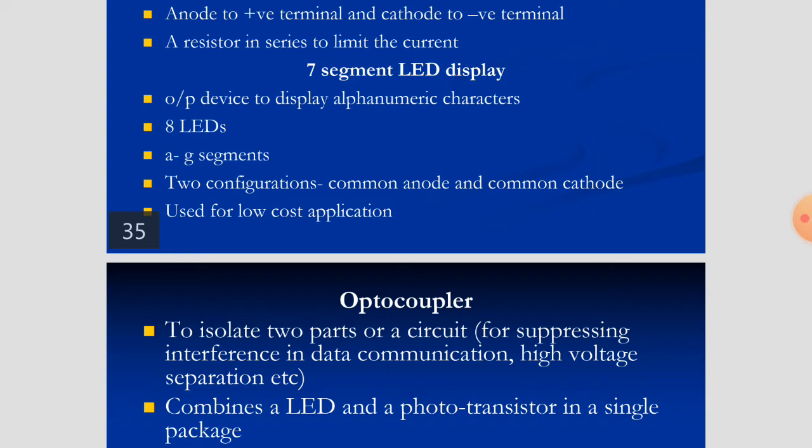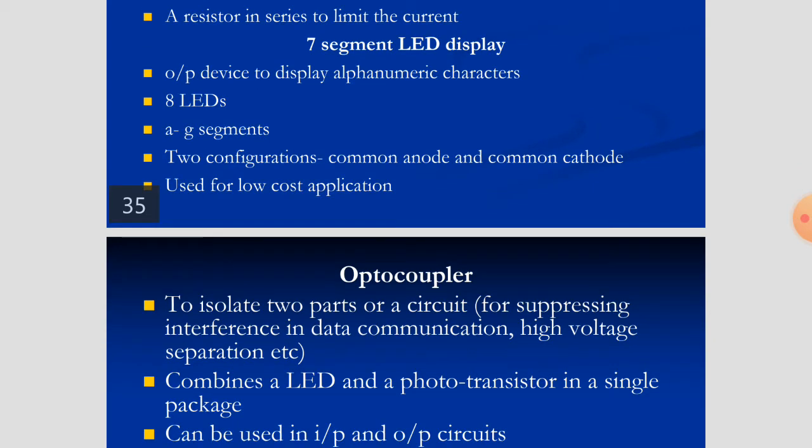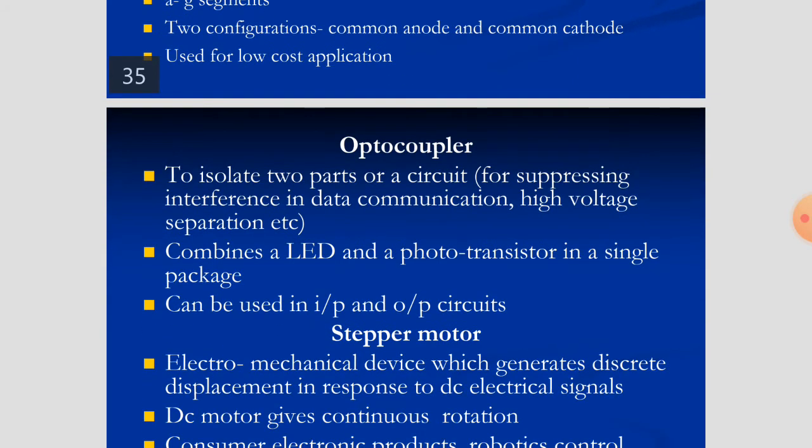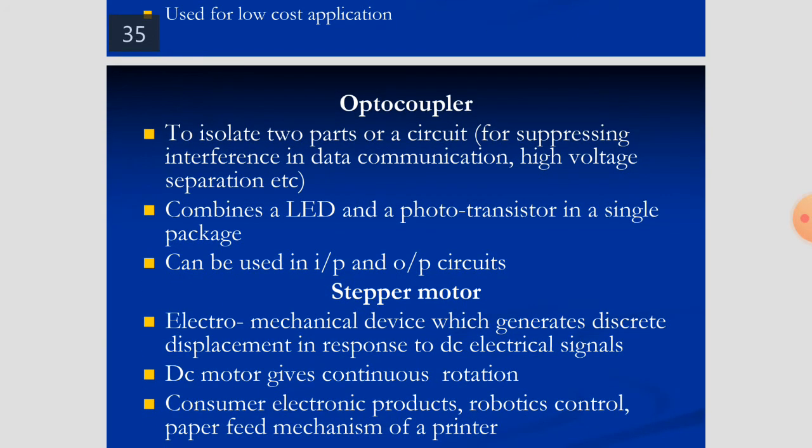These 2 configurations are available, and it is used for low cost applications. Wherever you have low cost applications, you can use the 7-segment LED display as the output device.